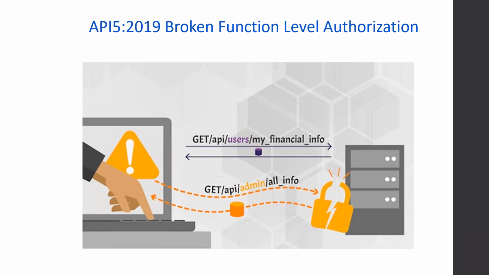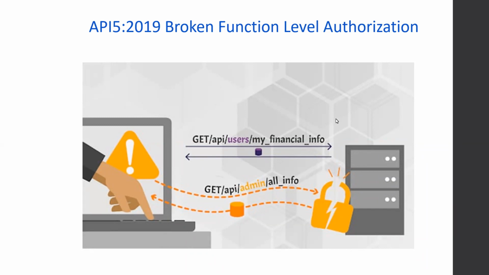So broken function level authorization is very easy. You are a user, and you are able to perform an action that your user is not supposed to. In simple terms, you are a user and you are allowed to perform an action that the admin is allowed to. Let's say as a user, you can only view your information, but as an admin, you can view all users' information.